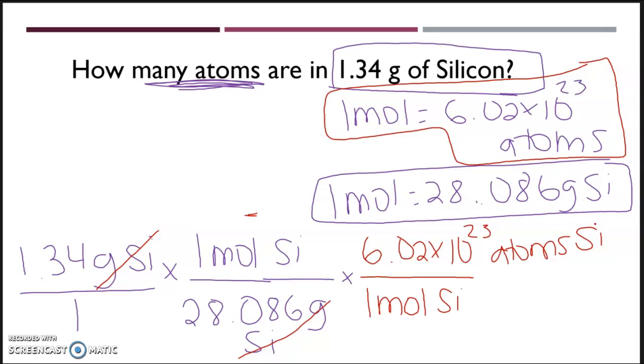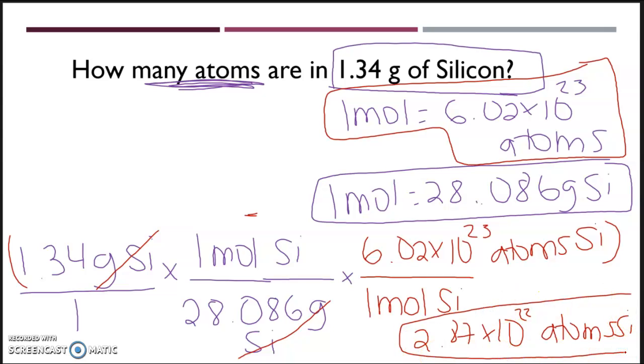If you remember when I taught you dimensional analysis, you want to multiply everything across the top together, and then you divide it by what's at the bottom. So multiply the top, and then divide it by what's at the bottom. So pause the video, type this in, make sure you're typing it in correctly, and you should end up getting 2.87 times 10 to the 22 atoms of silicone.